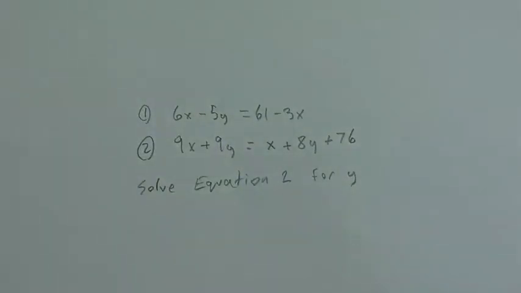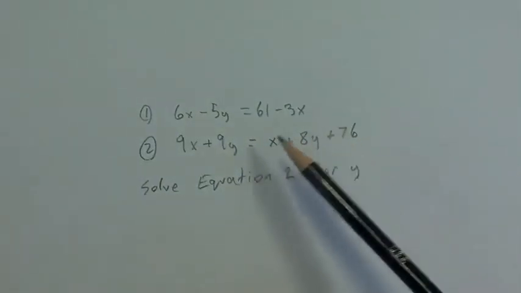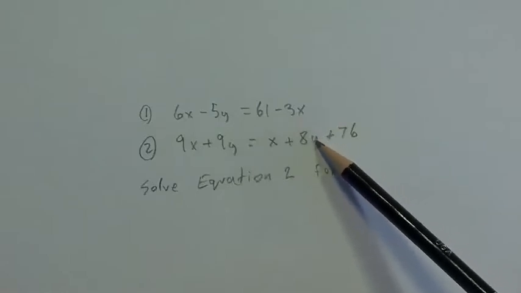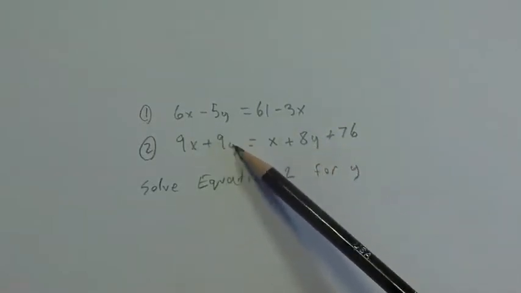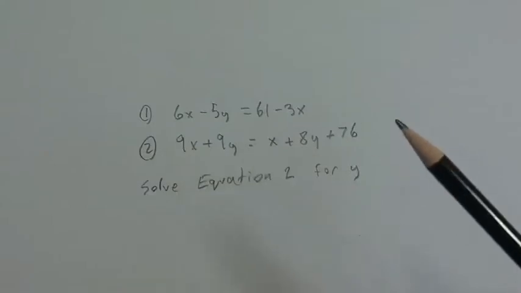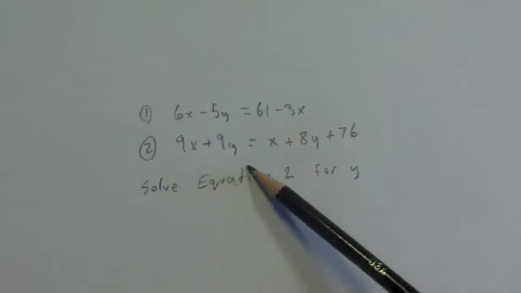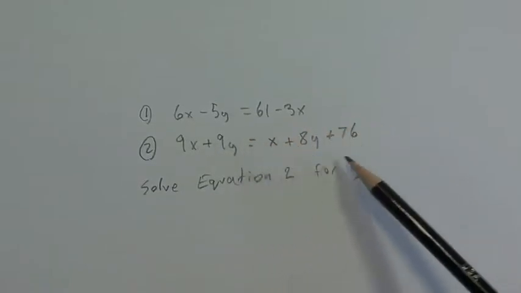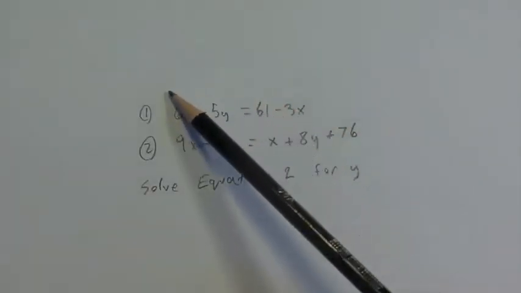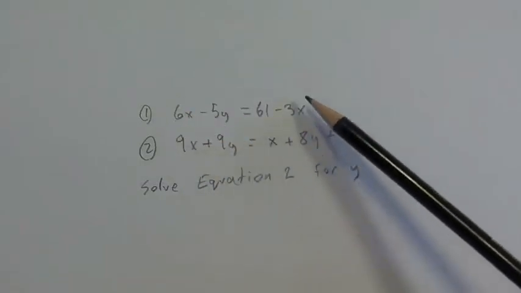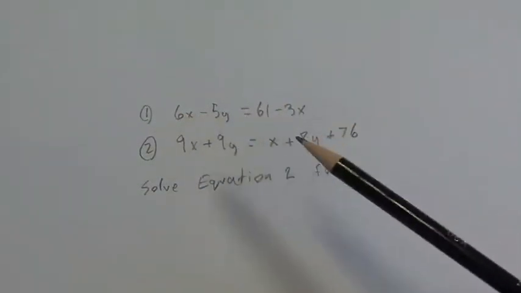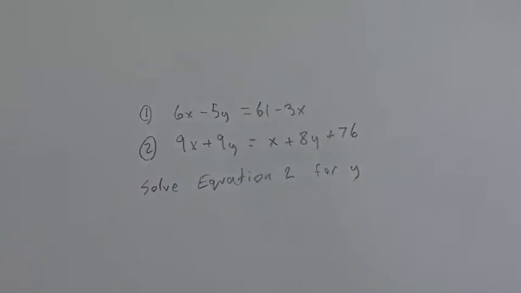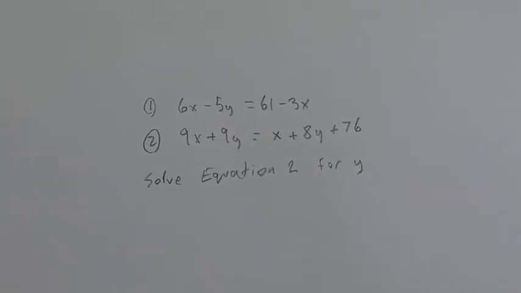Here's why. If I move the 8y over, I get 9y minus 8y, which is just y. So I get y equals some stuff. If I solve for y in equation 1, I'm going to get some nasty fractions showing up, and we don't really want that. So doing it this way is going to help us avoid fractions.